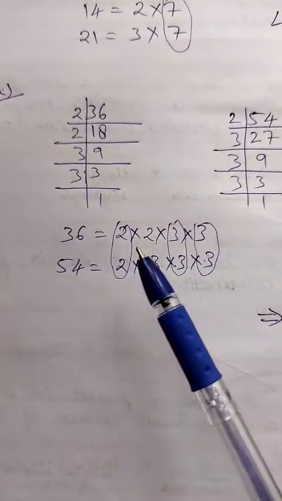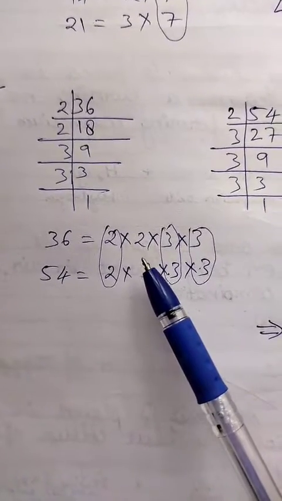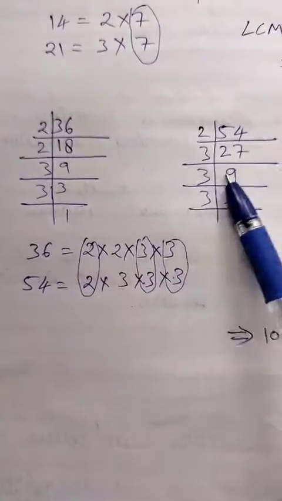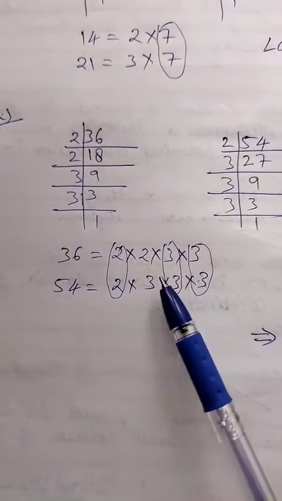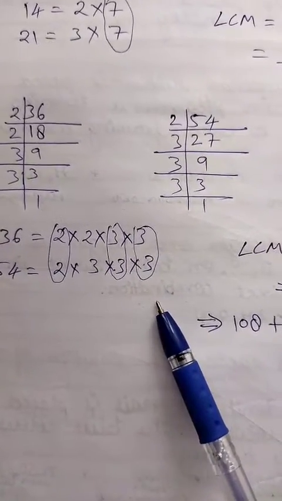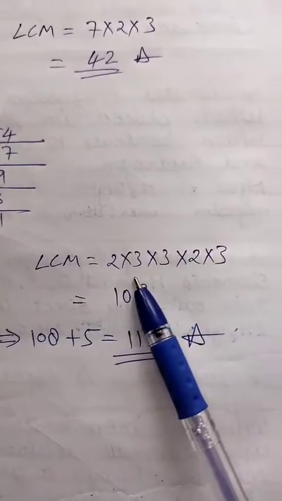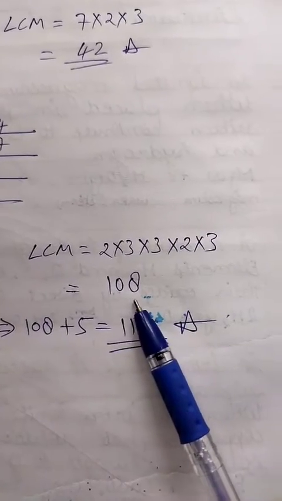All of you have now understood how to find the LCM. I have explained many questions. First of all, you have to find the factors of the given numbers. Then write their factors. Then take out the common factors. Then take out the remaining factors, and multiply all these numbers. You will get your LCM, 108.